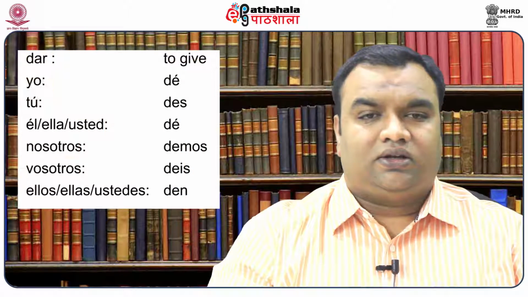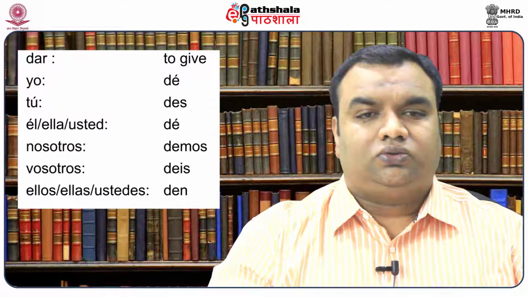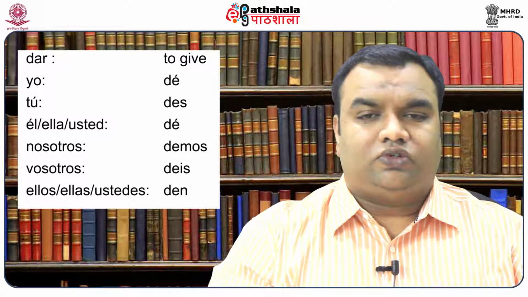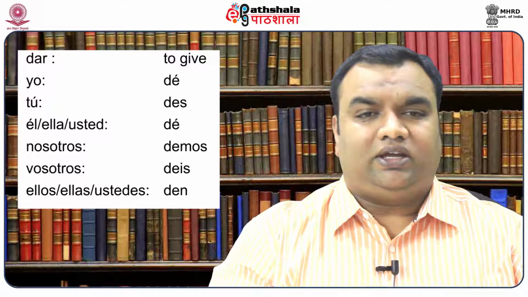When listed in the following order, the initial letters of each verb form the acronym DISHES, which is useful to memorize easily. Dar in the subjunctive is conjugated as yo dé, tú des, él, ella, usted dé, nosotros demos, vosotros deis, ellos, ellas, ustedes den.